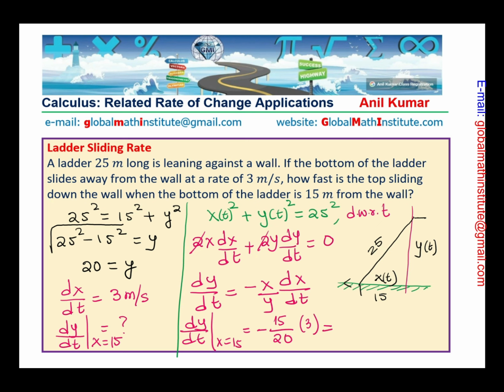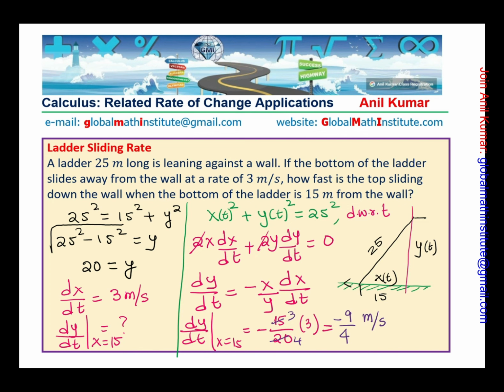You can divide, and then dividing by 5, 5 times 3, 5 times 4, we get minus 9 by 4. Units being meters per second. Now negative means it is sliding downwards, correct? So how fast is the top sliding downwards? It is sliding at the rate of 9 by 4 meters per second.